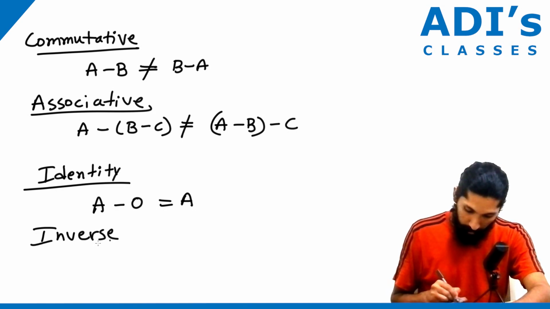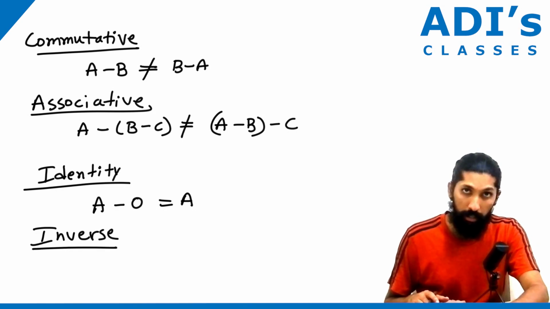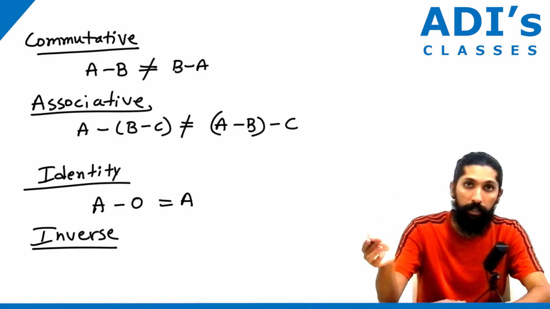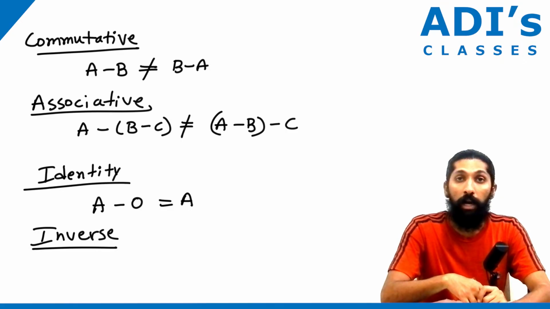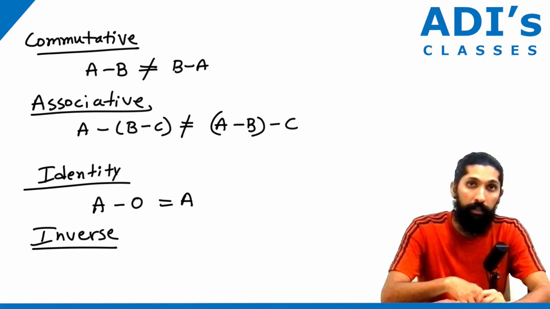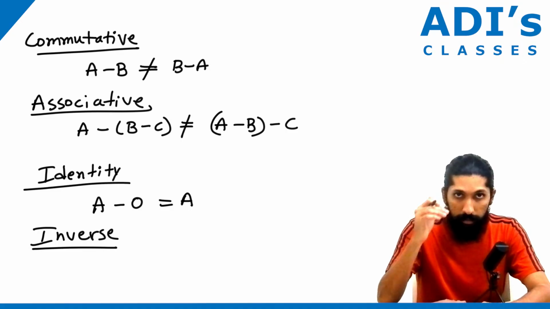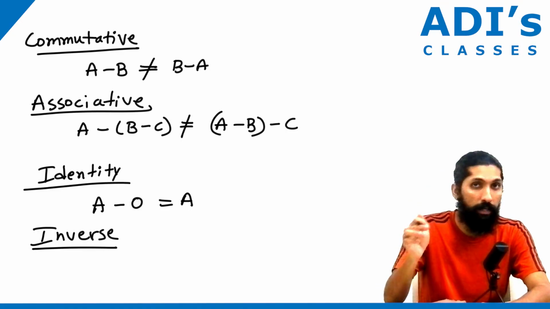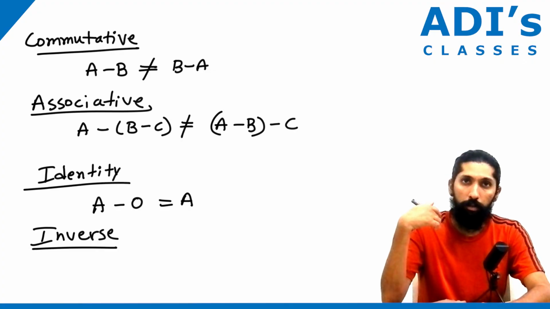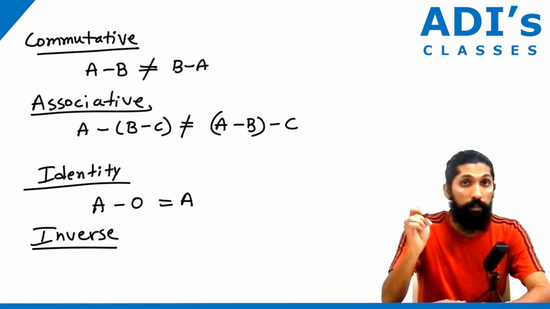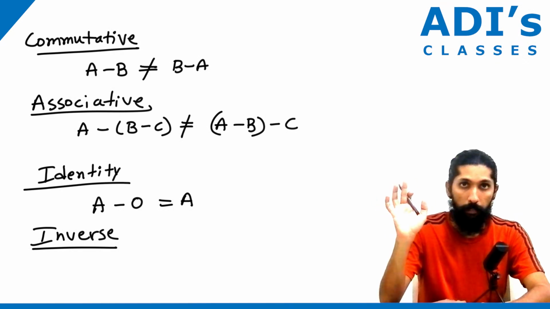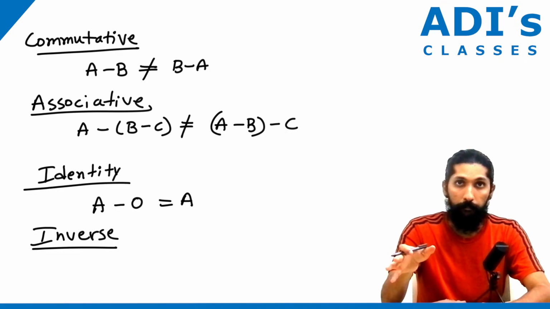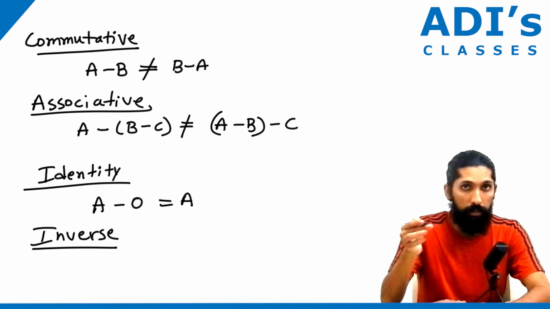You have some matrix A, and when you subtract the inverse, you should get the identity. But especially for subtraction, we generally consider that there is no identity for subtraction. To be honest, this is not how subtraction works, because 0 minus A and A minus 0 are not one and the same. That's why we do not consider it that way.